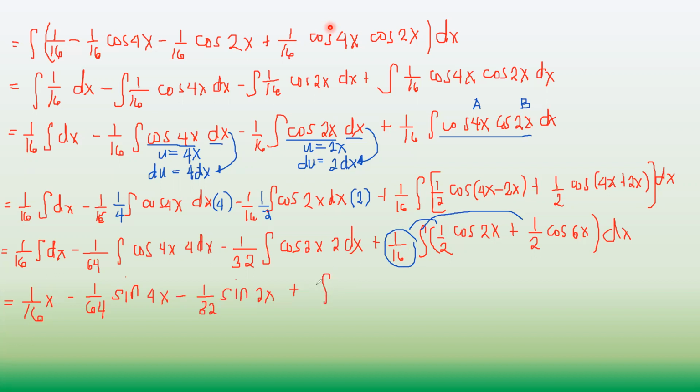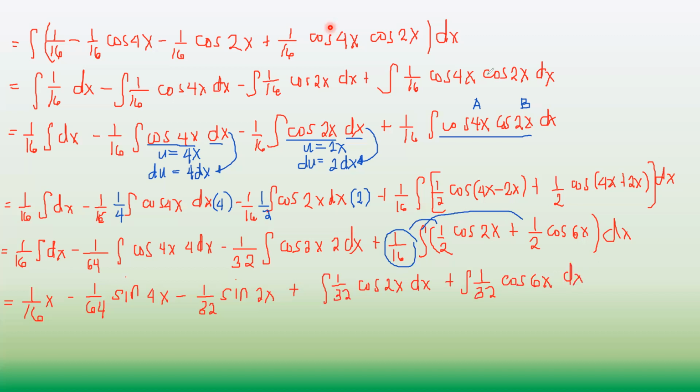So, magkakaroon tayo ng 1/32 cosine 2x dx plus 1/16 times 1/2 is also 1/32 cosine 6x dx. So, ayun siya.